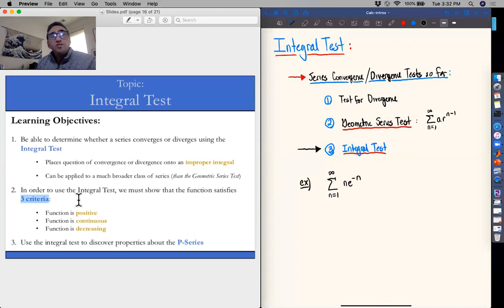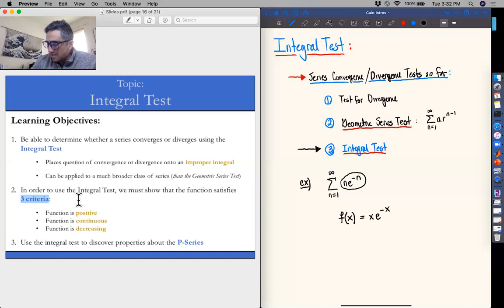Now, in the first step of the integral test, we need to make sure we're actually allowed to use it. So we take our series function, this n e to the minus n, and we think about basically a continuous counterpart for this, where we think of this as a function f of x equaling x e to the minus x.